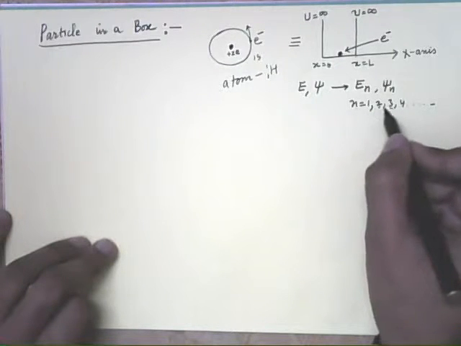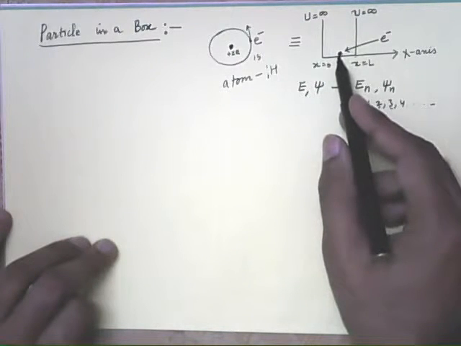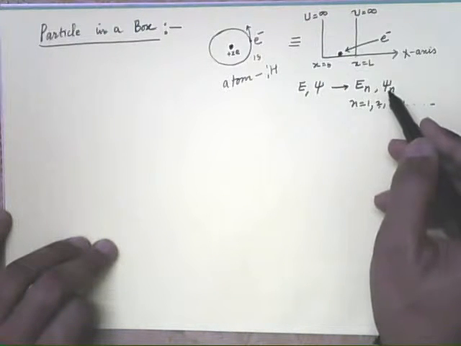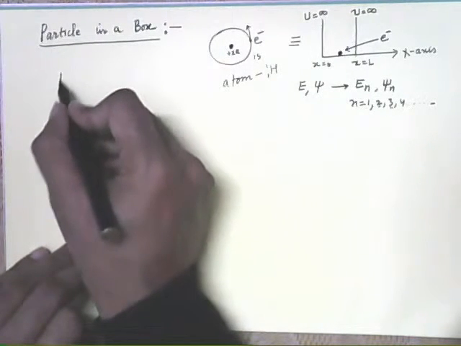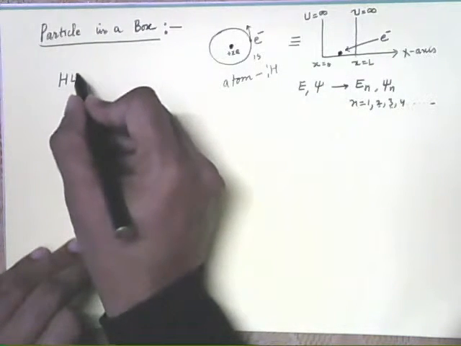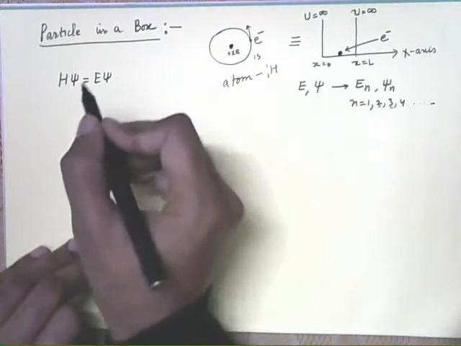So we are finding the eigenvalue of this particle and the wave function with the help of the Schrödinger equation. As we know, the Schrödinger equation is H psi equal to E psi.